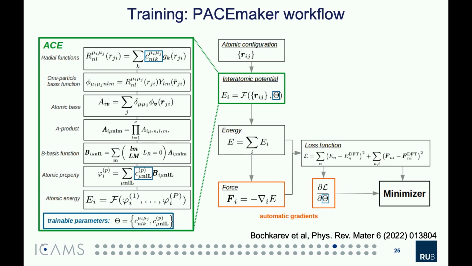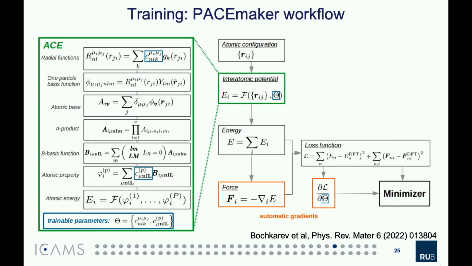And to train, we write a loss function where we compare the energy of a structure to a DFT reference energy and the forces on each atom to the DFT reference. One could extend this to stresses, of course, and so on and so forth. And then we have to minimize this loss function with respect to the trainable parameters.